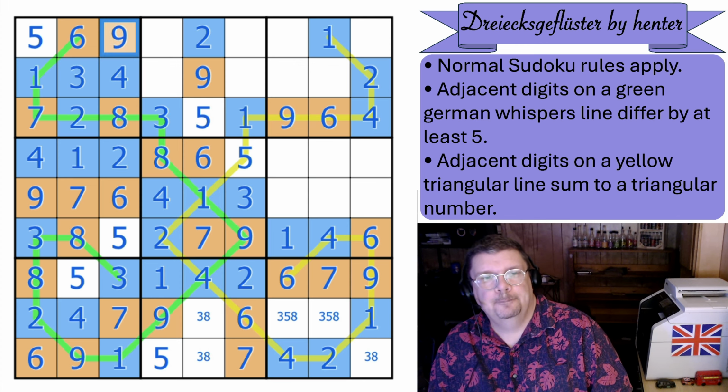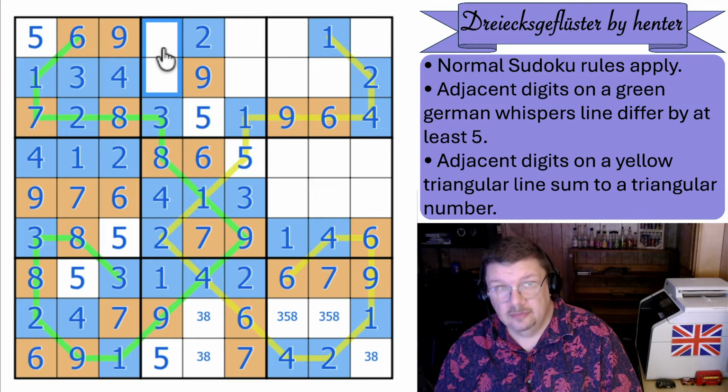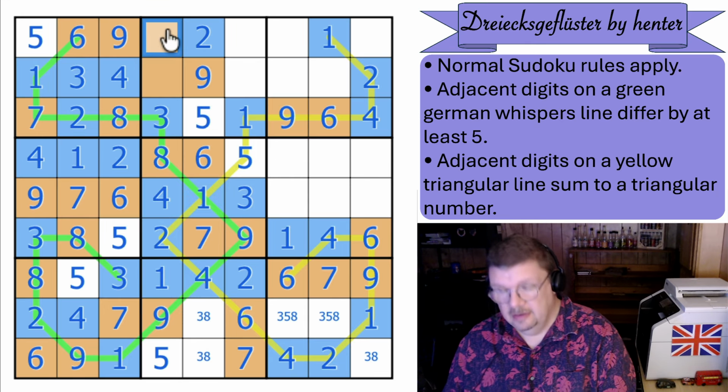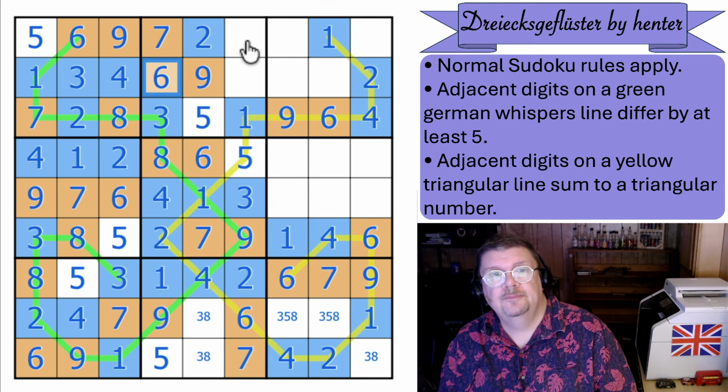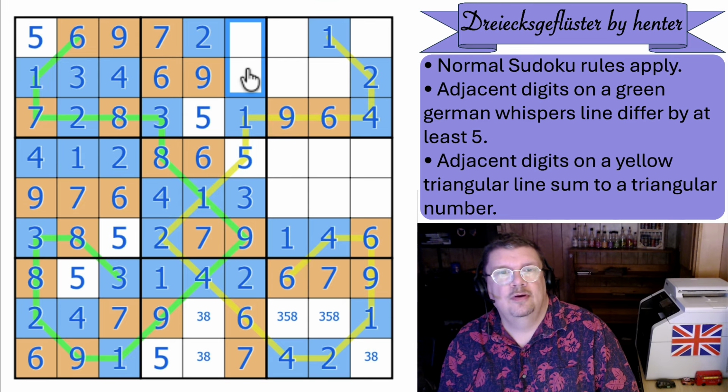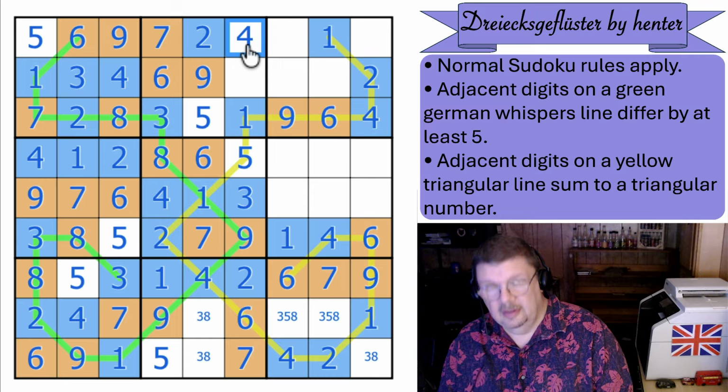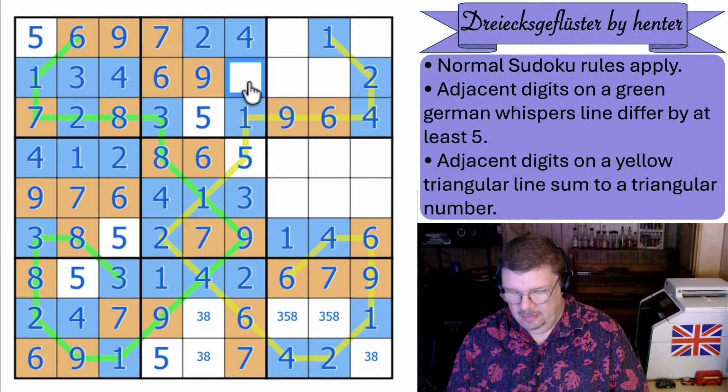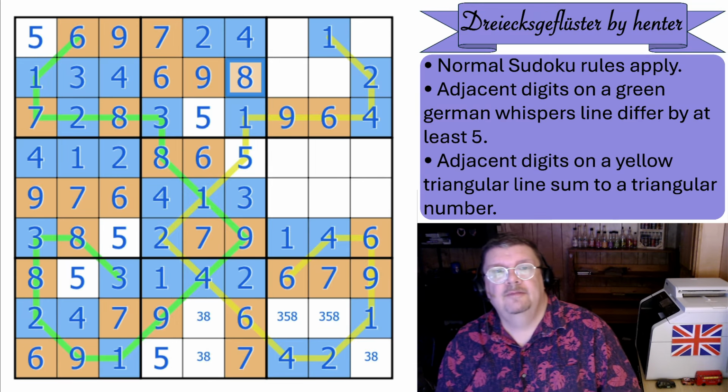All right. These two digits by the column are 7 and 6. So they are both orange. That's 7, that's 6. These must be 4 and 8. So that's the 4, that is an 8.